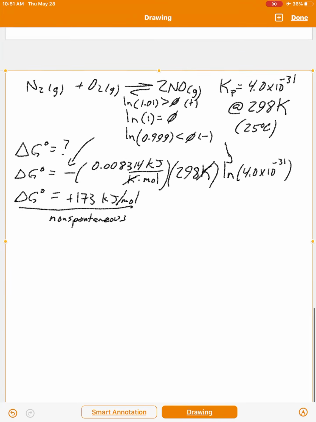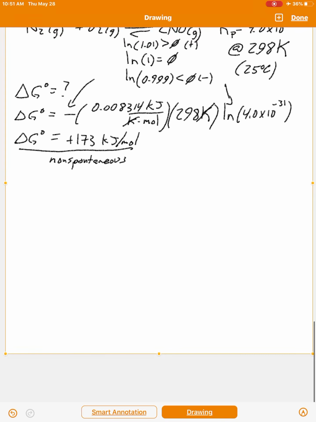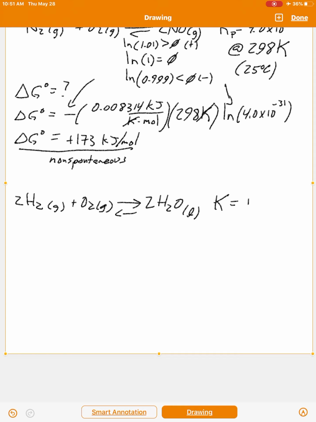So for example, if I said, hey, I'm going to take this reaction right here. This is actually not really reversible. It only goes in one direction. But let's say K is equal to 10 to the 82, for example.